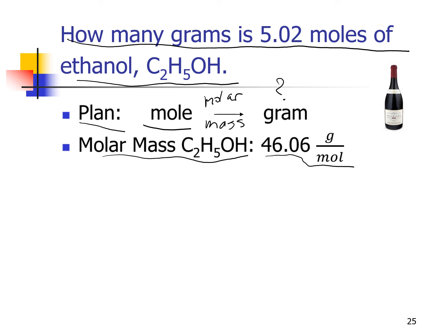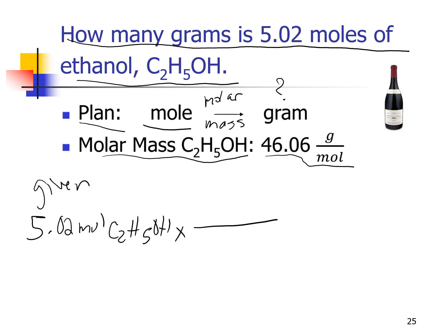So we write down what we're given, which is 5.02 moles of ethanol, C2H5OH. We're going to use our molar mass to convert. So again, we always set up the units so they'll cancel. So we want 1 mole at the bottom of the fraction and 46.06 grams at the top.